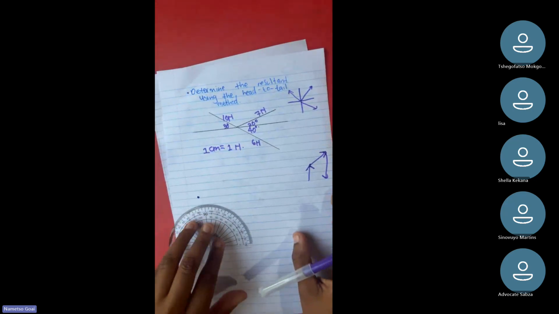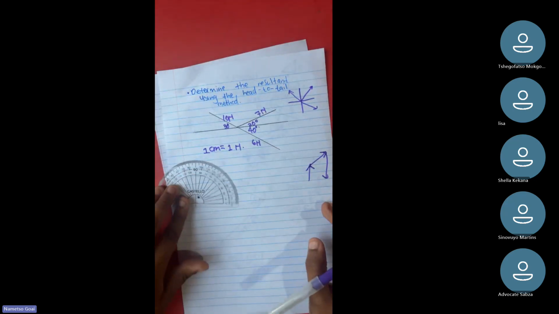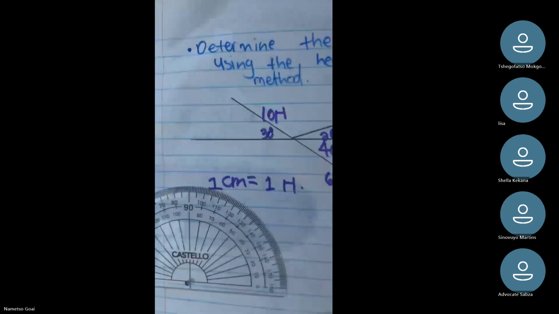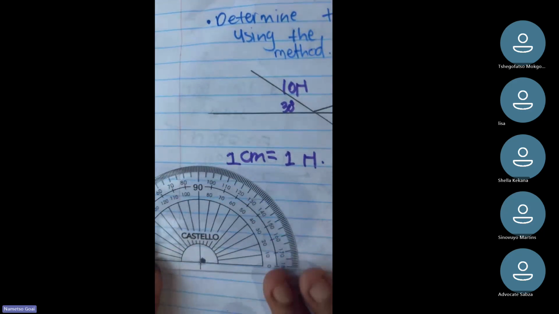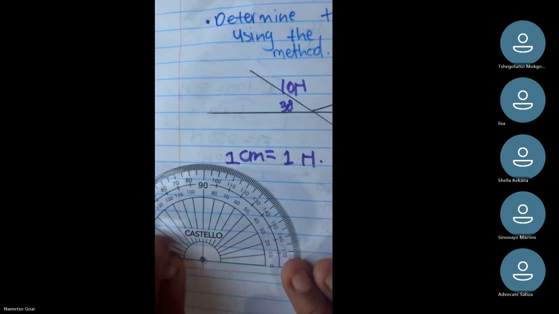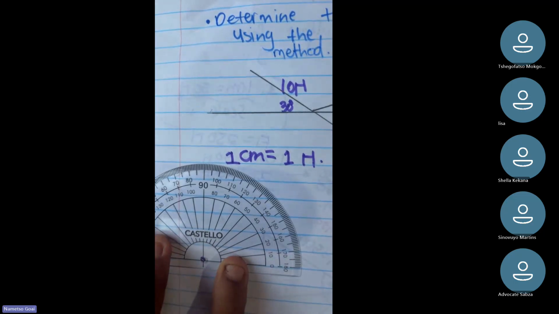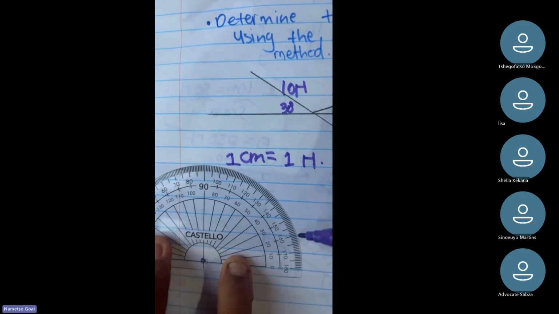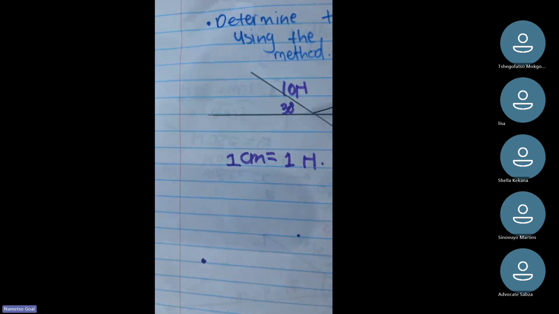So when we're drawing, we have to place our protractor here and check where our 20 is. Here is our 20, so you draw another dot over here.